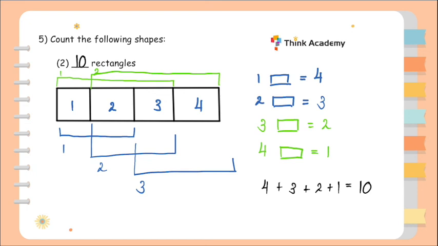And that's all for counting the shapes. So we have counted the shapes of the triangle and also rectangle. We are doing it in order from left to right and also from smallest group of 1 to the biggest group of 4, since that's the most we can make with our smaller rectangles.